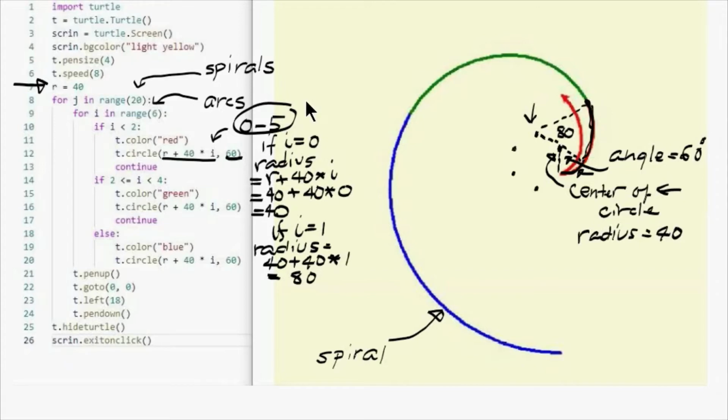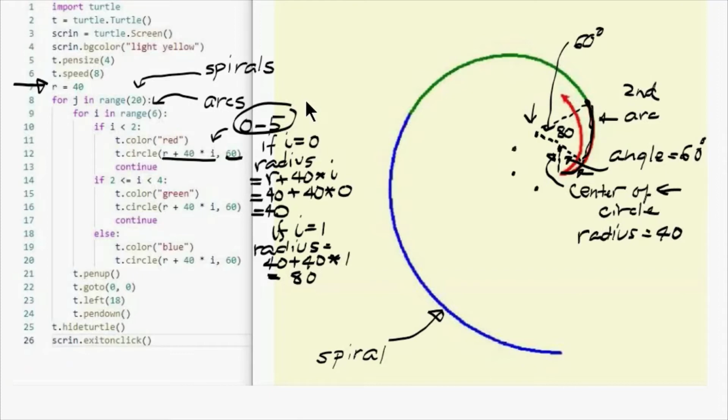So this is the second arc, corresponding to a 60-degree angle here.